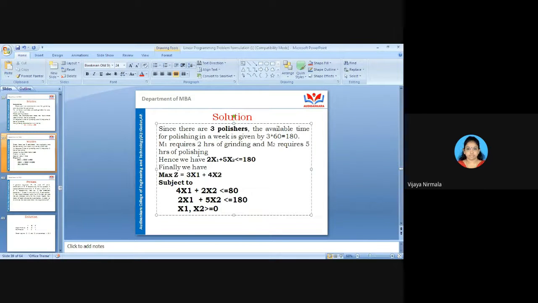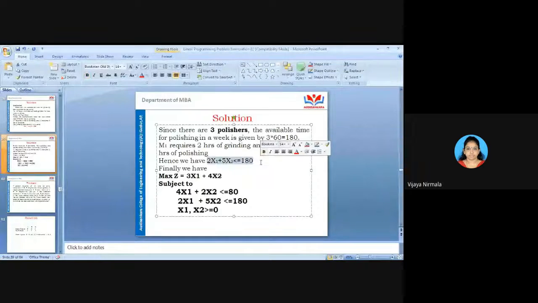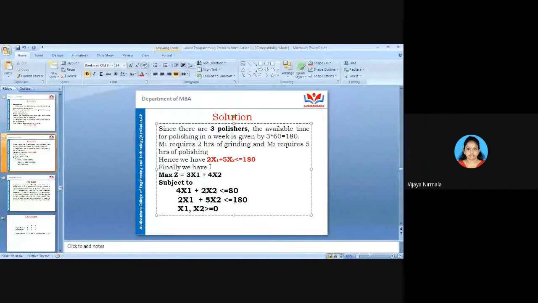So we have to write 2x1 plus 5x2 less than or equal to, not 60, you have to write 180. This is the other equation. Did you understand the constraints, how you wrote less than or equal to 180?